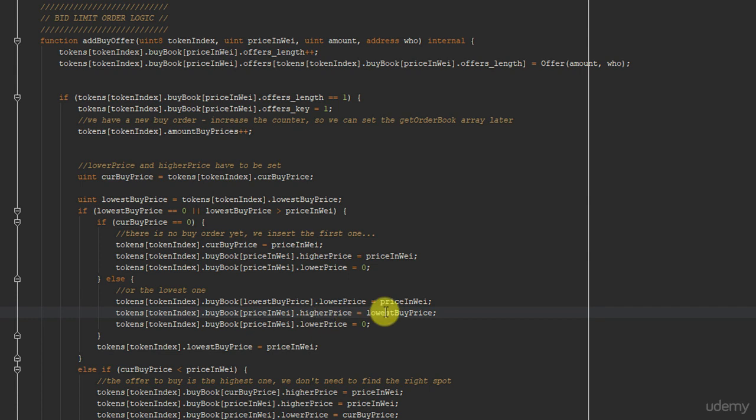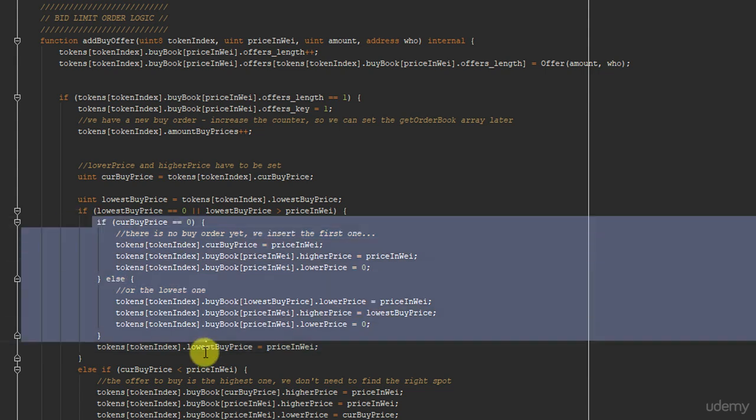And so we have created this link between the new entry, which is pointing to the next price, which was the lowest buy price before, and the previously lowest buy price is now pointing to our new entry's current price in way that we are offering. Obviously, for both cases, we can set the lowest buy price to the current price in way, because either it is the first entry or it's the lowest entry.